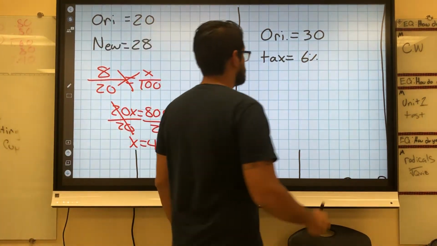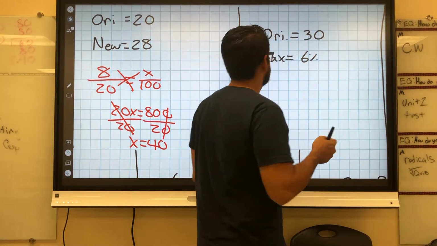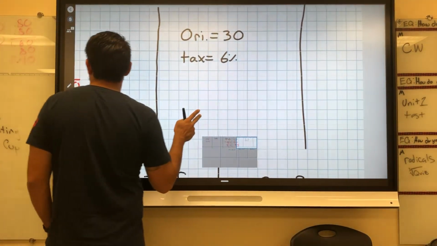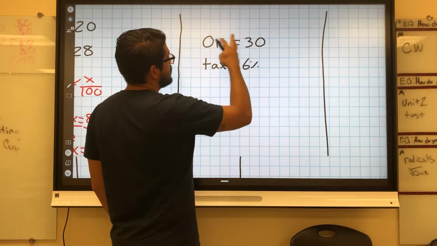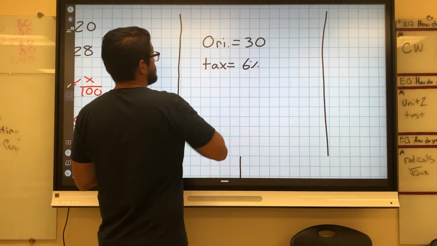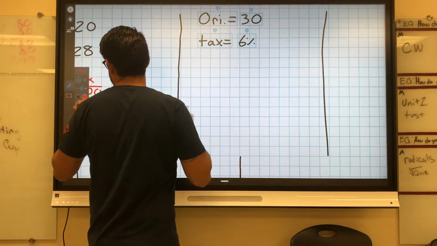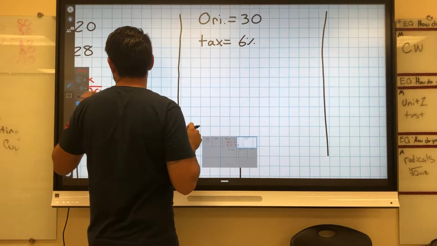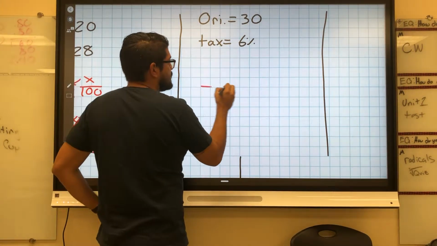Now this one. So I want to know the new price after the taxes. All right, maybe I should slide this over. Okay, so again, let me move this up. I don't know why I left it all the way down here. Okay. All right, so again, the difference goes up here.